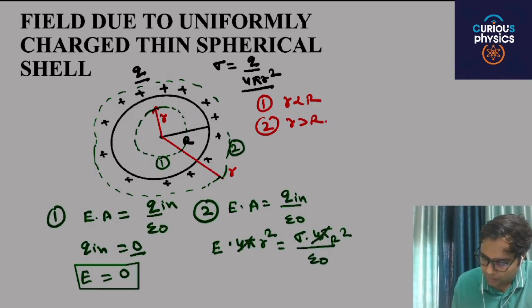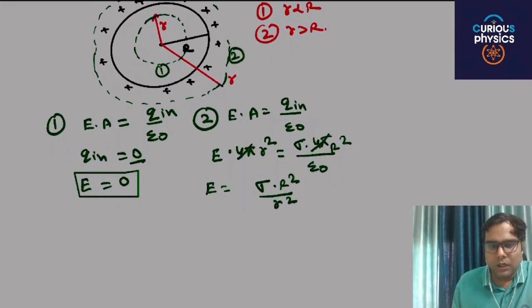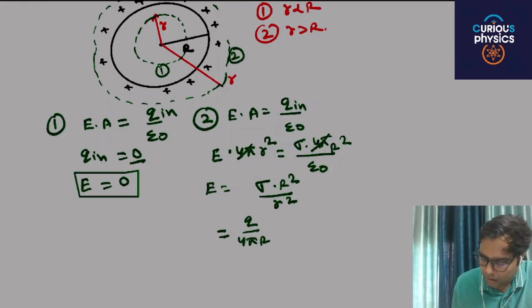4 pi cut. You can also write sigma R square divided by r square. If you again put the value of sigma from above, sigma will be Q by 4 pi R square, by r square epsilon naught.